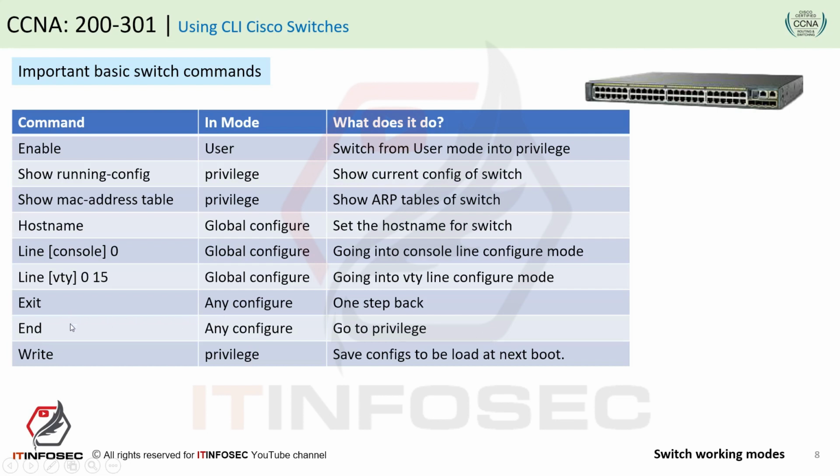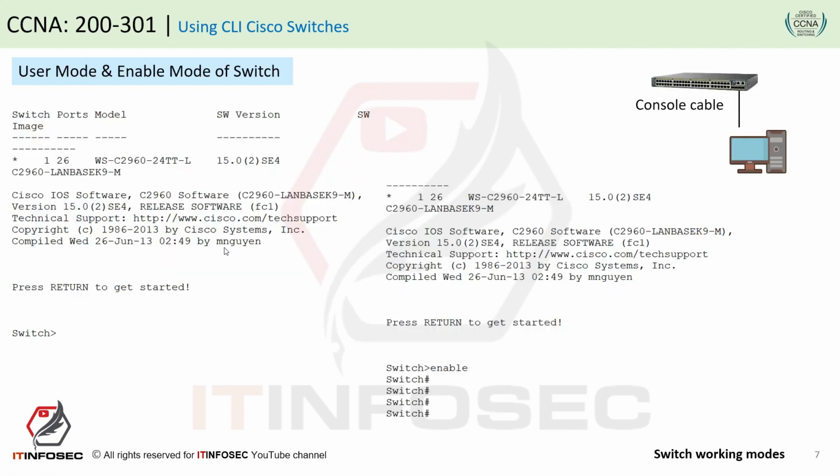Imagine you entered from user mode using enable. You entered from user into privilege, and then configure terminal, the global configure mode, and you use interface fast Ethernet 0/1, for example. You are in fast Ethernet configure.